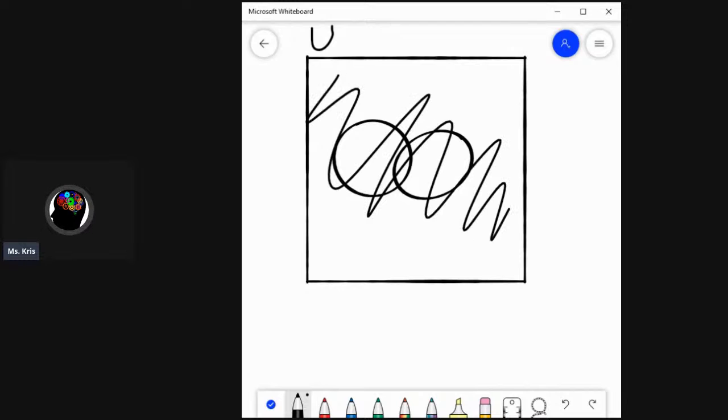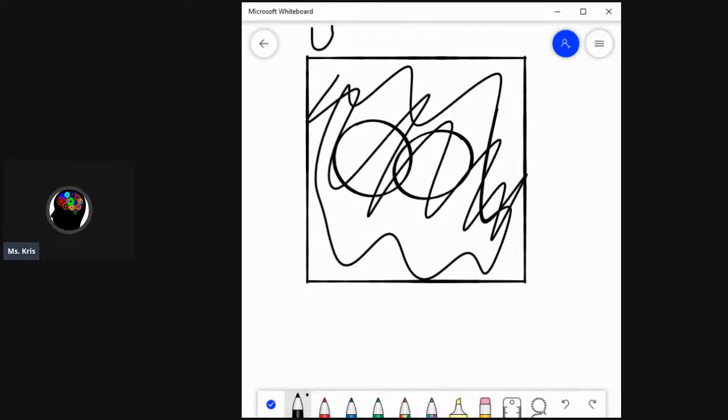So now the universe actually is everything. This is considered all the universe.